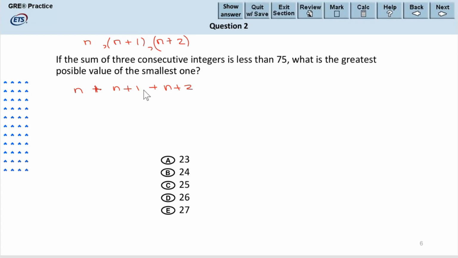This is the sum of three consecutive integers, and since it's less than 75, I could use, for example, this inequality symbol, less than, to represent the relationship of the sum with 75. And then here, I could use this to find a range for the value of n. But n is what? It's the smallest one, right?